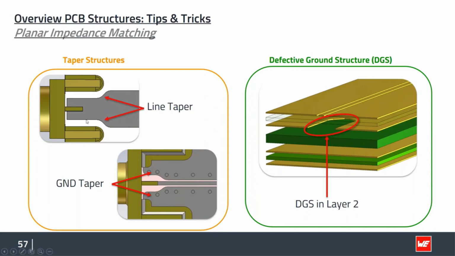For the signal transmission, it allows a smooth transition from one side of the PCB track to the other. And that's more or less the same for the ground taper.